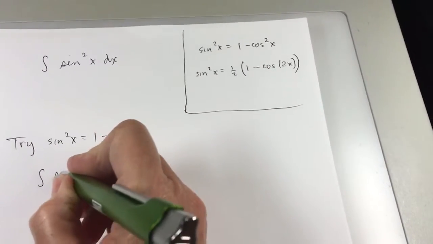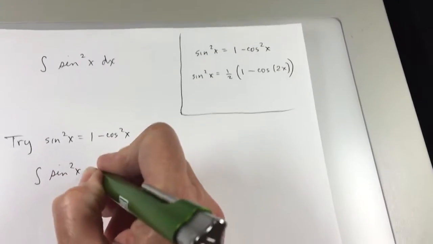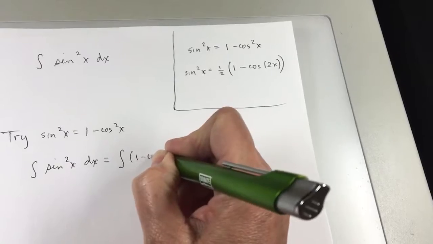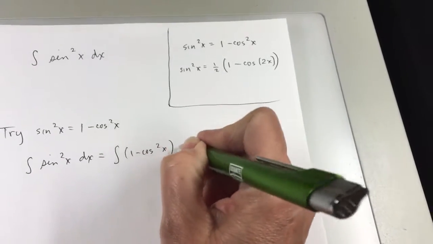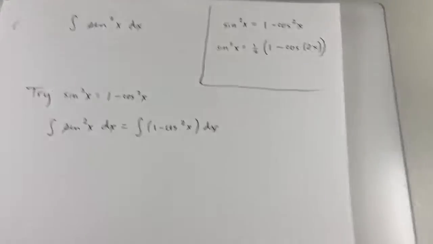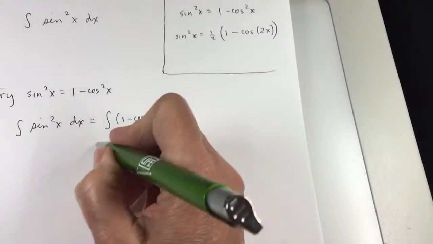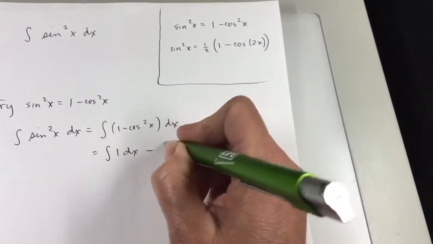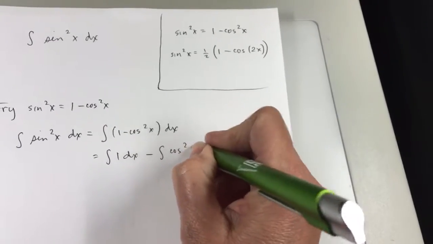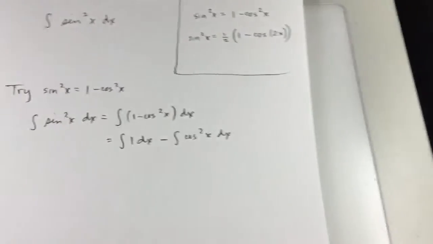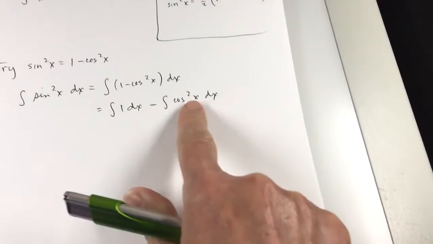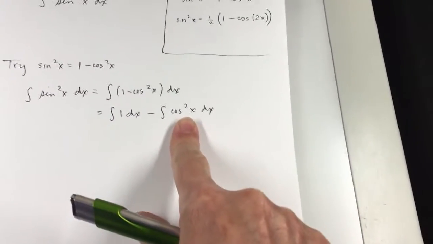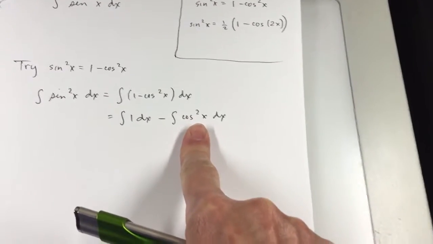So if I try this, the integral of sine squared x dx is the integral of 1 minus cosine squared x dx. Well, I could write that as two separate integrals. That's the integral of 1 dx minus the integral of cosine squared x dx. And if you look at this integral, that's about the same level of difficulty as the one I started with.